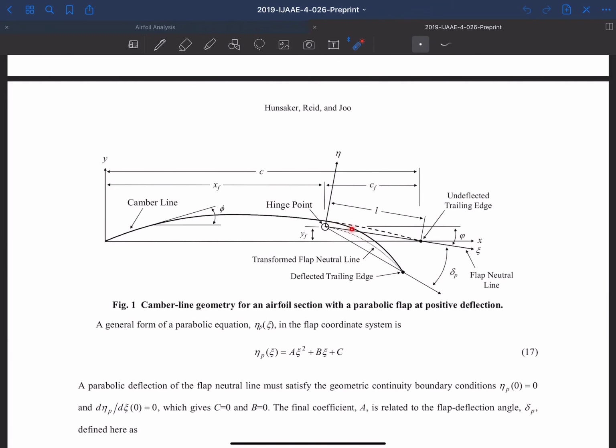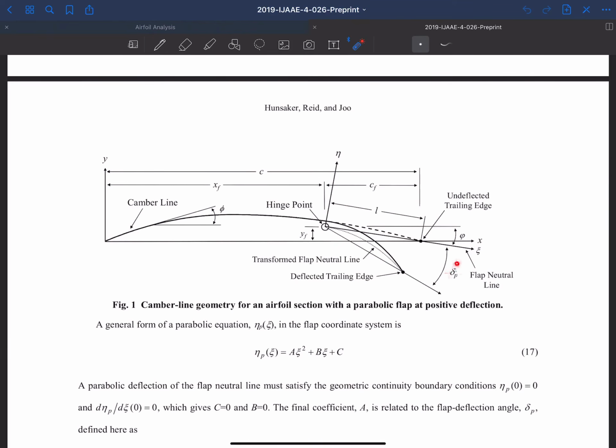So we just bend that camber line so that it keeps the same offset to that flap neutral line as it had before. And then, of course, once you have the camber line, then you just need your equation for thickness of the airfoil, and you walk perpendicular to that camber line above and below to map out the upper and lower surfaces of that airfoil.